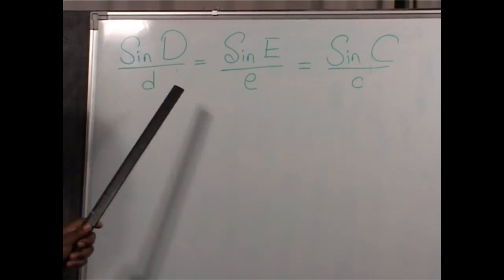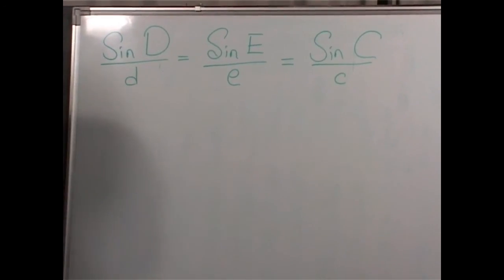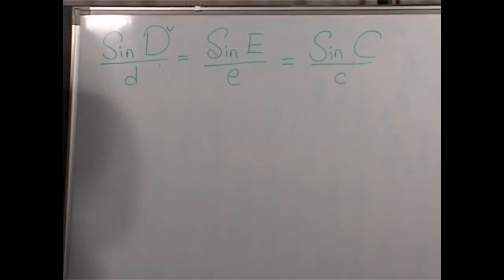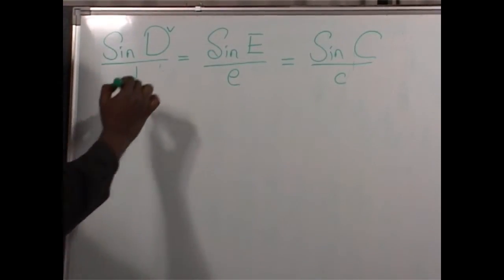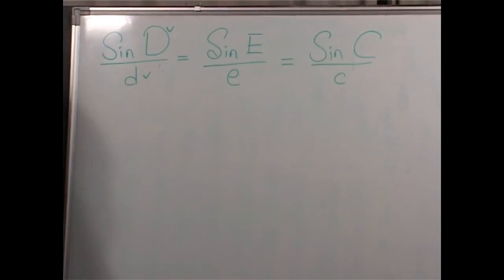Now we compare this with the information that has been given so that we see which one is going to be left out in our analysis. The angle at D is given as 45 degrees. The side d, which is opposite to the angle D, is given as 10 centimeters.